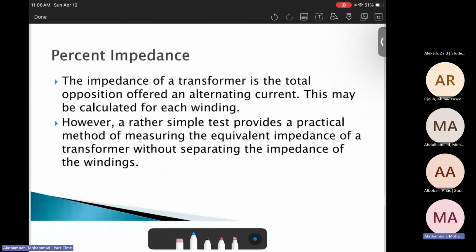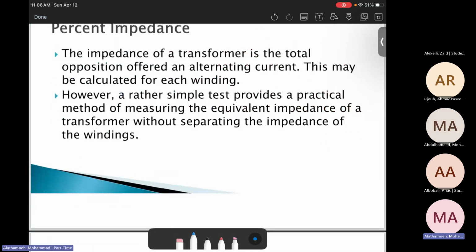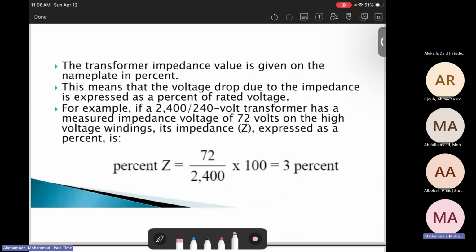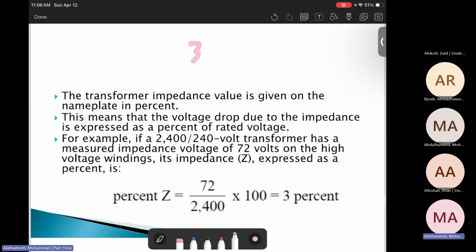Okay, so the percentage impedance, which is basically for the transformer, tells us about the currents, where the current flows in each winding. So how do we test or measure the equivalent impedance? Here's the transformer.